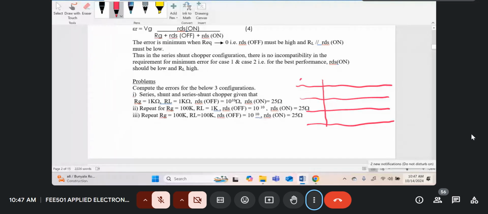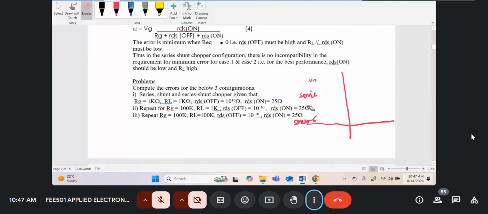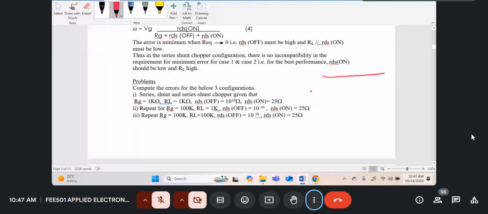So you can start with the shunt, then series, and then series shunt. So you can get results.